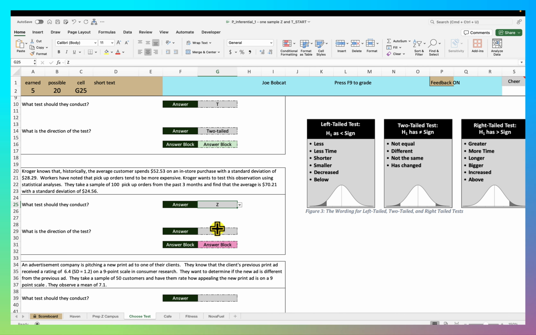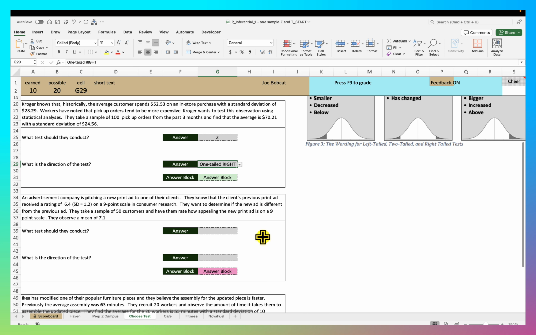More means right-tail test. And advertisements, a new print ad. Okay, so we know the standard deviation, so it's Z by definition. The new ad is different. Just different means that it's two-tailed.